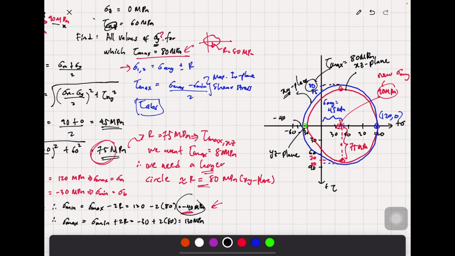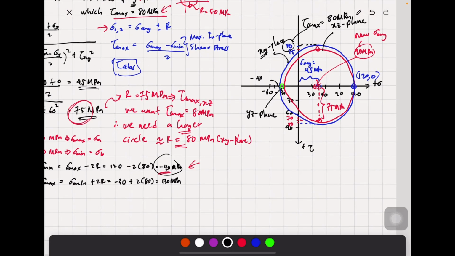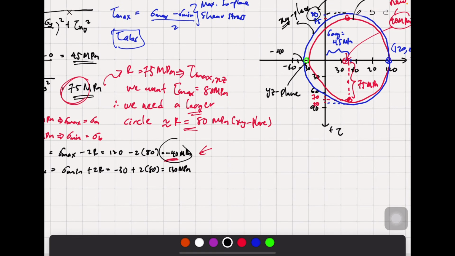That answers the question for this particular one. But remember, we got another condition. Probably I'm going to finish up with this simplified diagram, in order to complete the second assumption that we have.